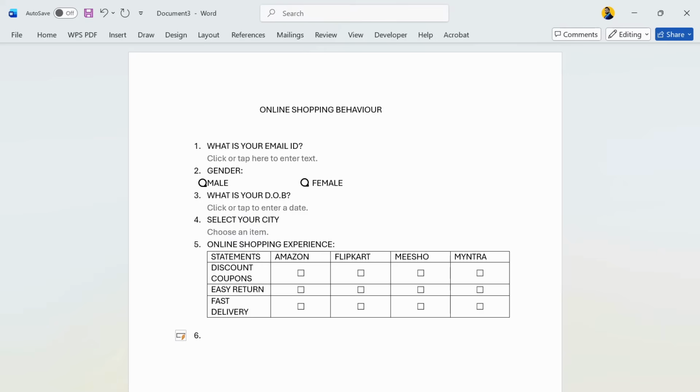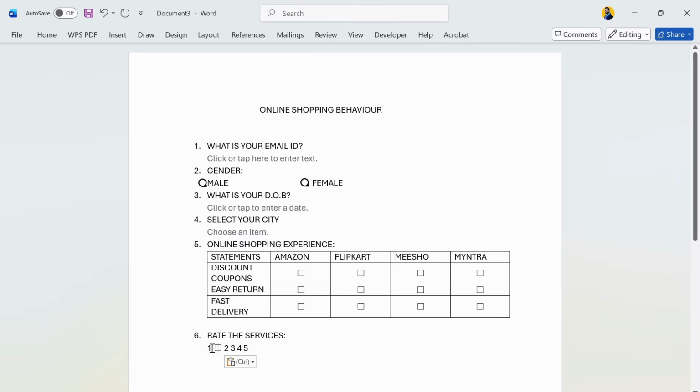So in the sixth question, we can ask them to rate the following, rate the service, the overall service, what kind of service it is. Let's say here we give options 1 to 5, and just make sure you implement it here.